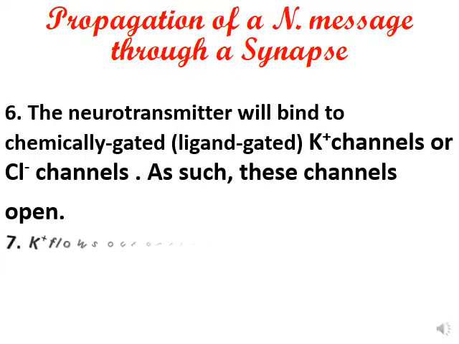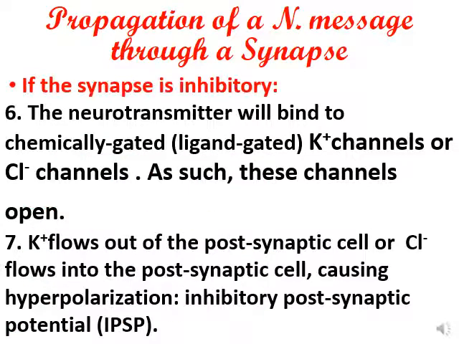While if the synapse is inhibitory, the neurotransmitter will bind to the chemically gated K+ channels or to the Cl- channels, chloride channels, or potassium channels. As such, these channels will open.